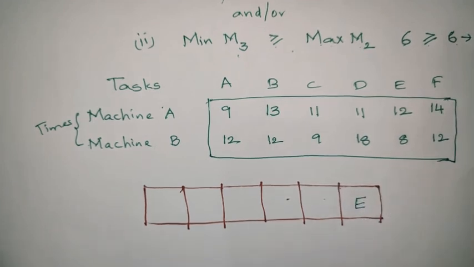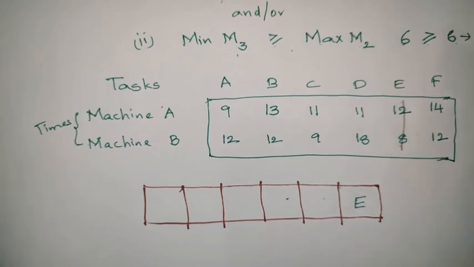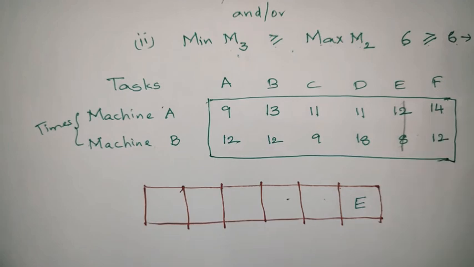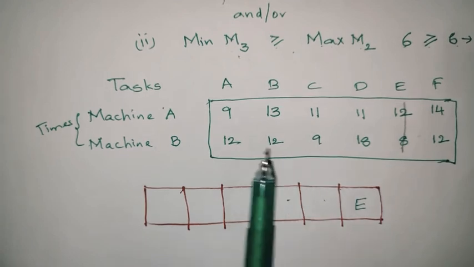So now strike off E. Then what are the remaining? 10 process times are there. In these 10 process times, the minimum value is 9, but the value 9 is at 2 places.